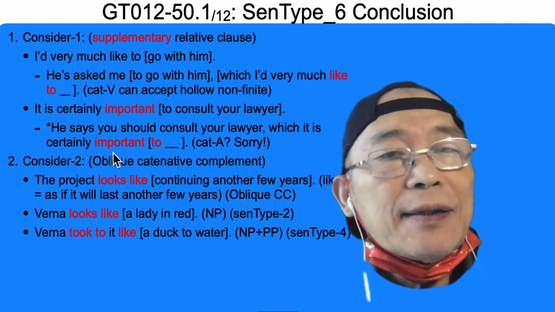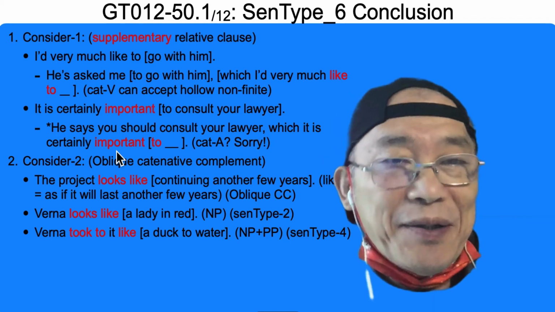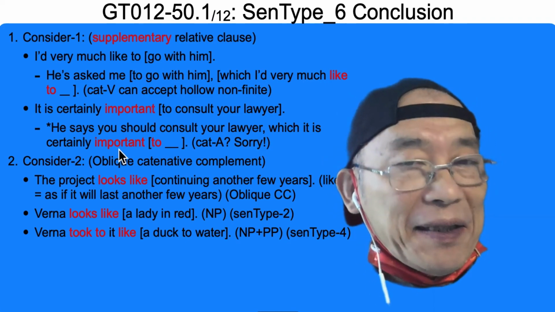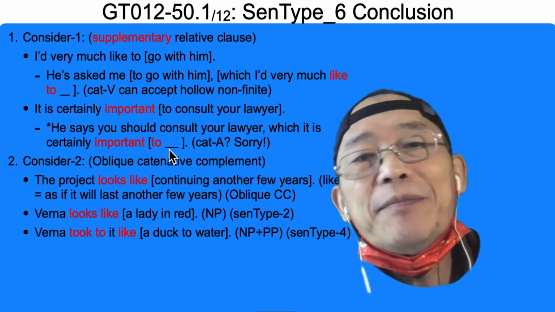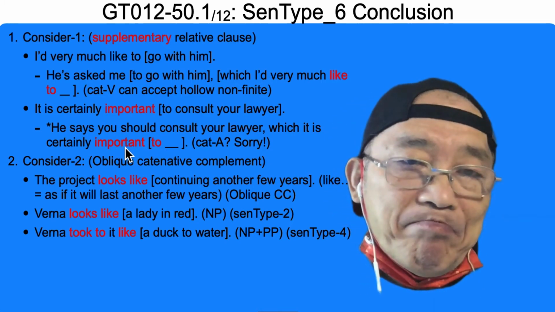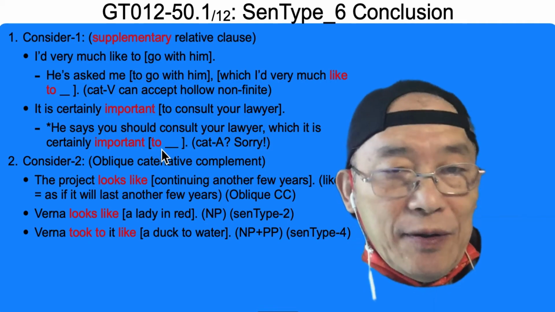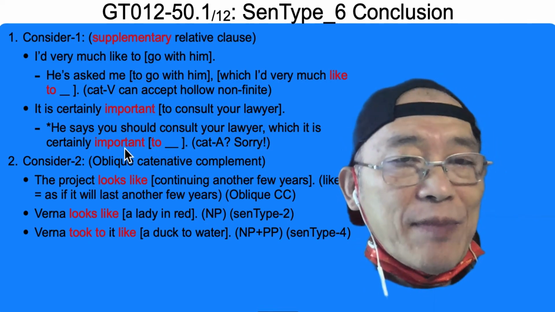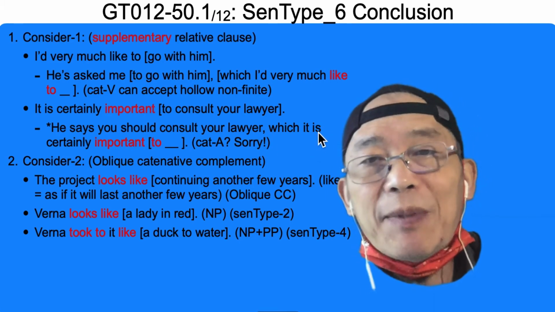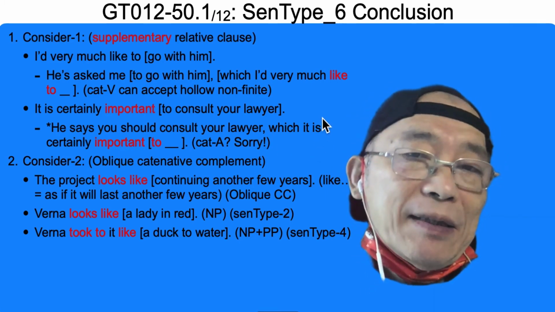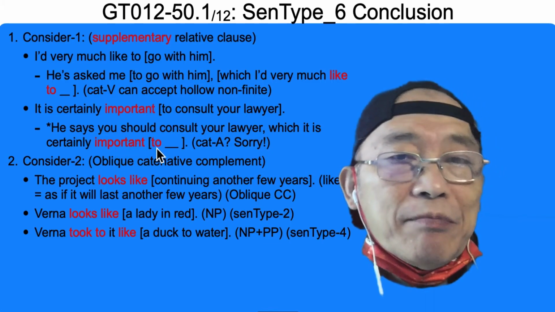And this is a subject category, this is a catenative adjective, so you can take a to infinitive as its complement. So the to infinitive is a complement of this, and this is a complement of the copular verb, right? So level 1, level 2, level 3.